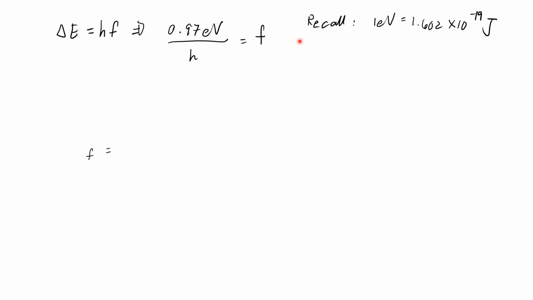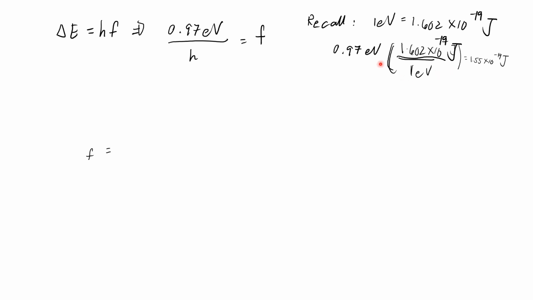So we need to convert the 0.97 electron volt, this is delta E, into joule. Why? Because h here is in terms of joule.